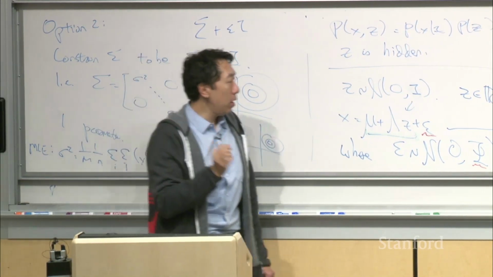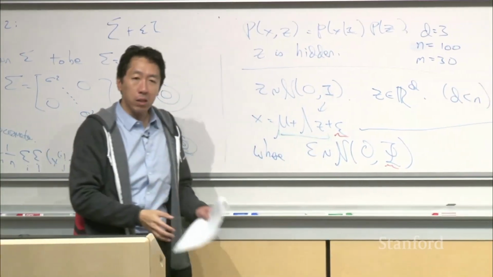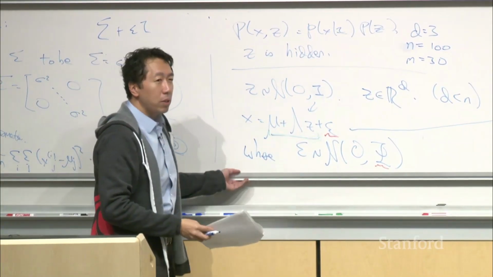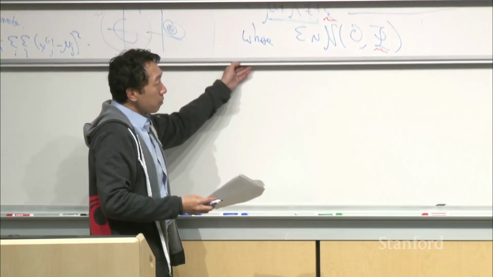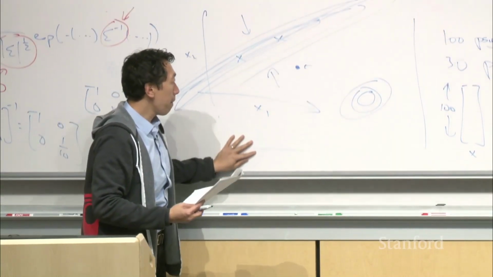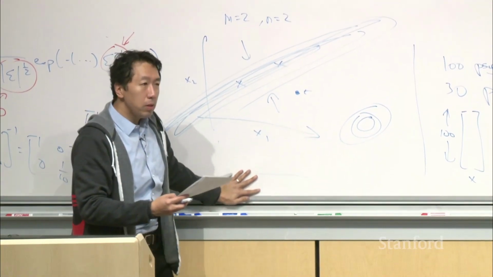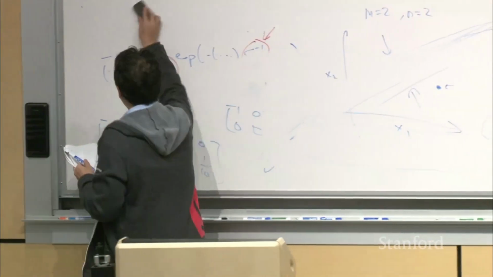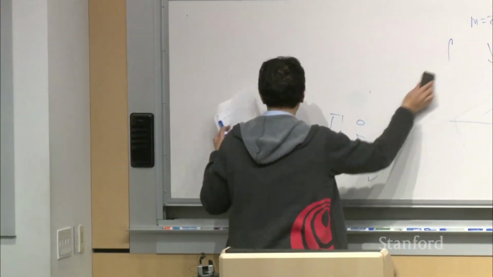The additional epsilon error term has a diagonal covariance matrix given by psi. You can think of that as what factor analysis is trying to model. Let me go through a couple of examples of the types of data factor analysis can model.